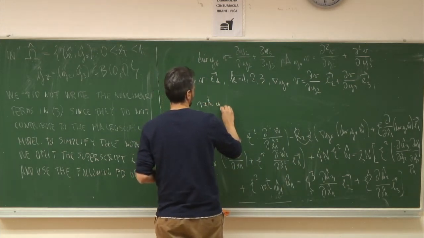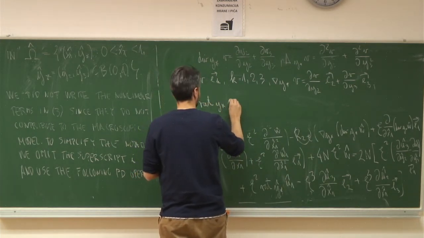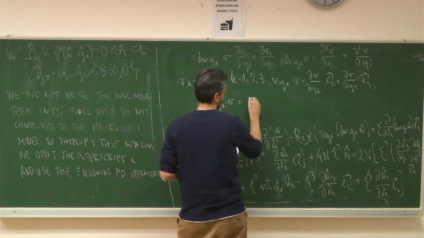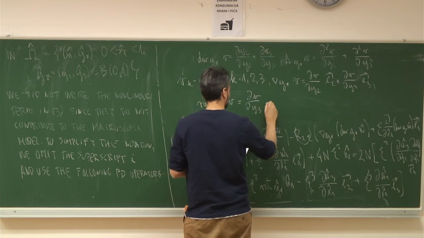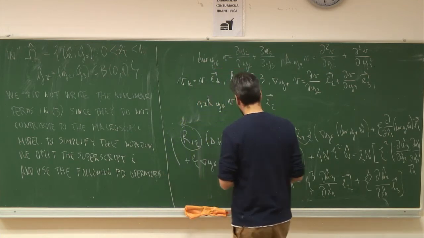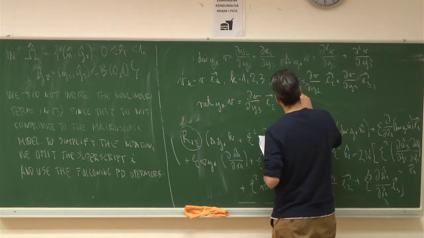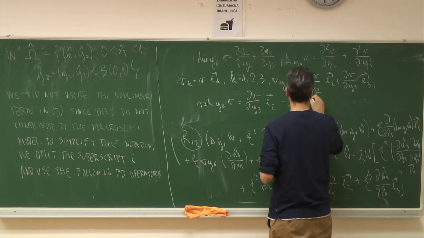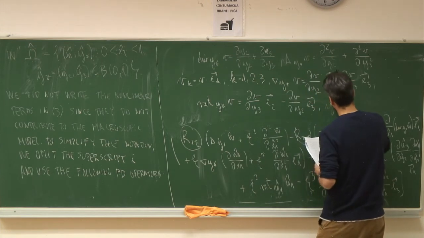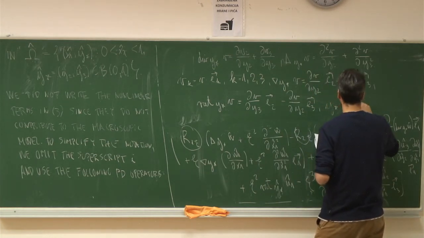So rotation y star v is dv over dy3 e2 minus dv over dy2 e3, where y star is y2, y3.